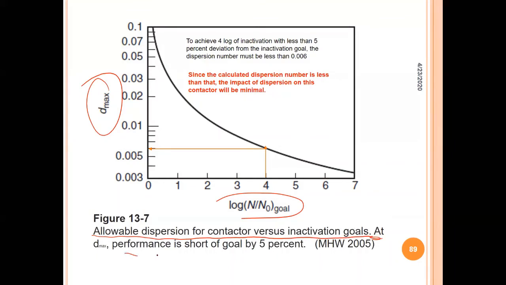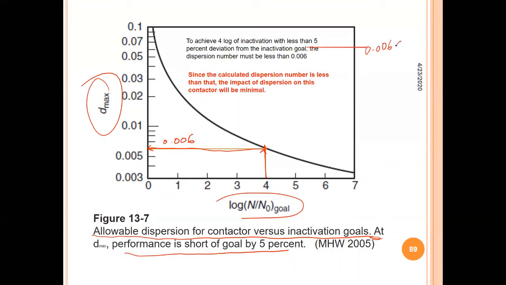At the maximum dispersion, performance falls short of the goal by 5%. In our case, our goal is 4 log removal. We just go here and see what the dispersion number should be. This is about 0.006.